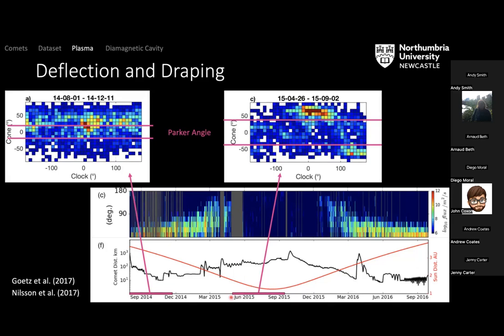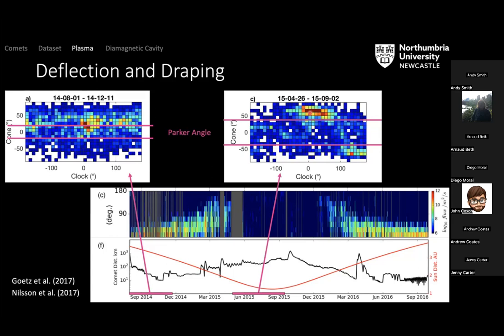However, as we go closer to the sun at high activity, we do not see the cone angle of the magnetic field on this Parker angle line anymore. Instead, it's very much moved upwards. And this is the draping that we would expect. So both of those things actually exist, which is nice, because not all our theories are wrong.